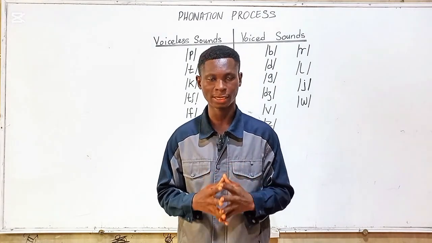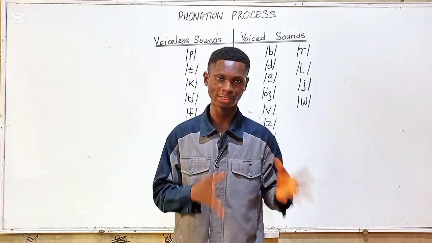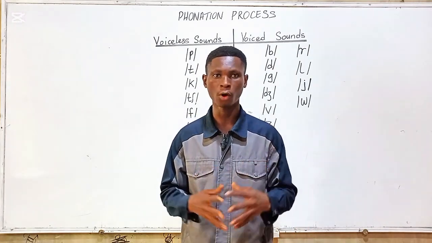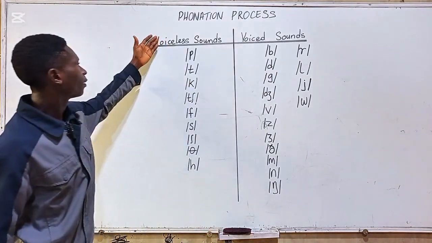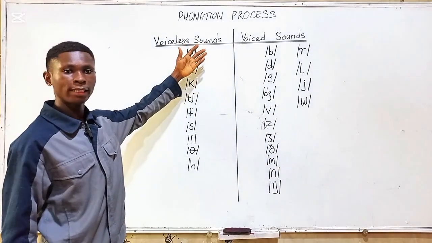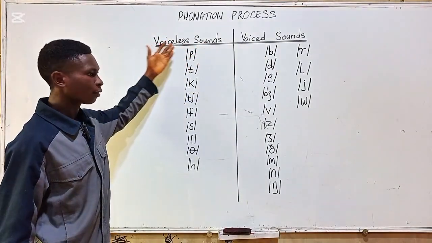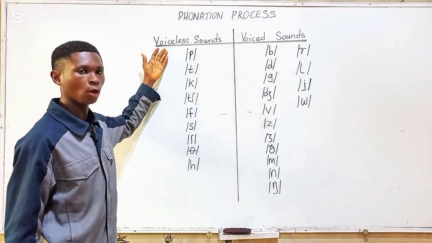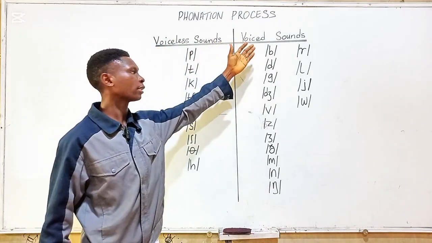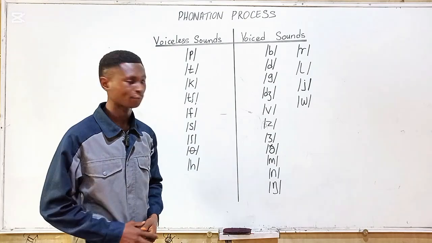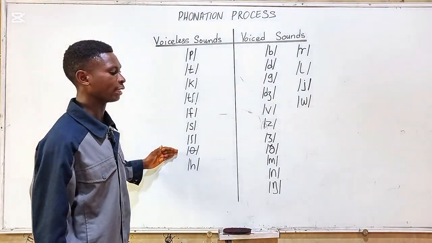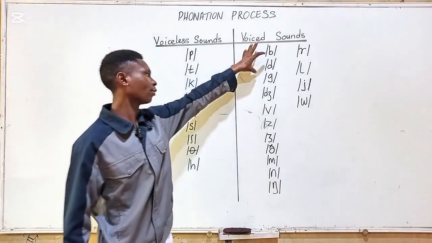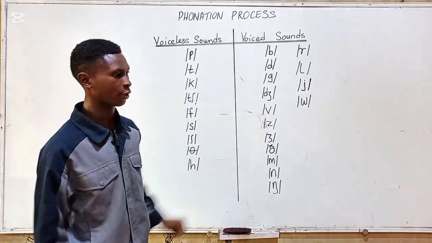So we want to consider not only the voiceless consonant sound, but also the voiced consonant sound. Right, so here we have a table divided into two parts. The voiceless sounds on one part and the voiced sounds on the other part. Right, so we have a list of voiceless sounds here and a list of voiced sounds here.